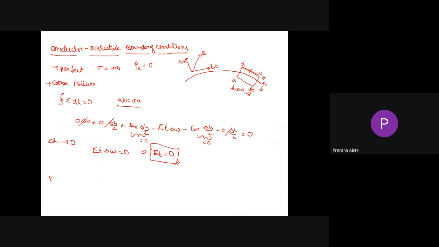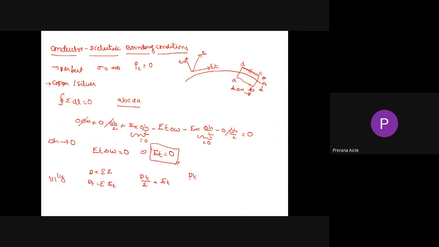Similarly, you can find the boundary conditions for the flux density. Electric flux density D is equal to epsilon into E. Therefore D of t is equal to epsilon into E of t, so D of t by epsilon is equal to E of t, but E of t is equal to 0.